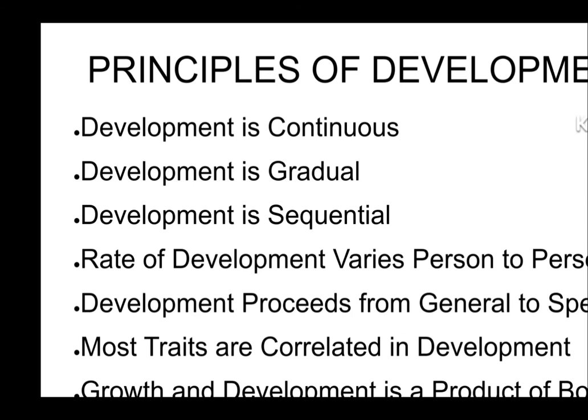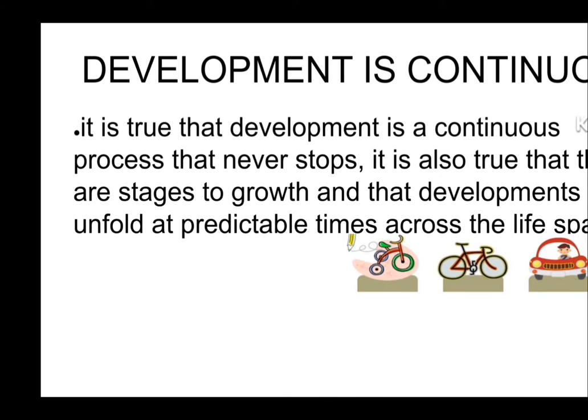Let's see them one by one. The first one is development is continuous. It is true that development is a continuous process that never stops. It is also true that there are stages to growth and that developments unfold at predictable times across the lifespan.